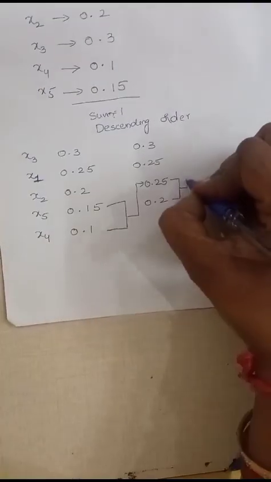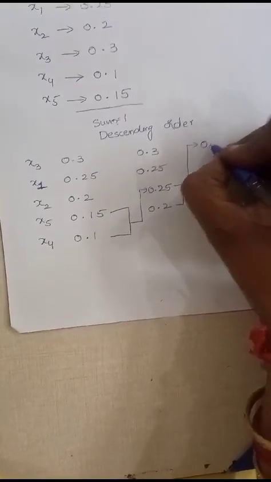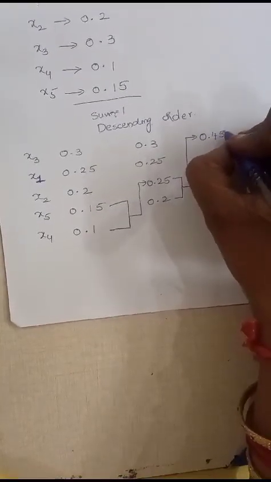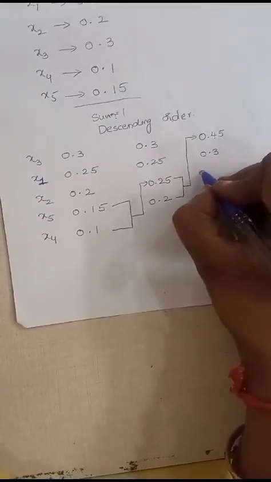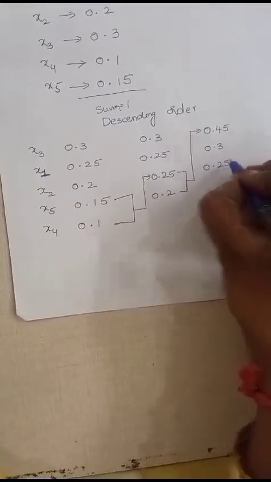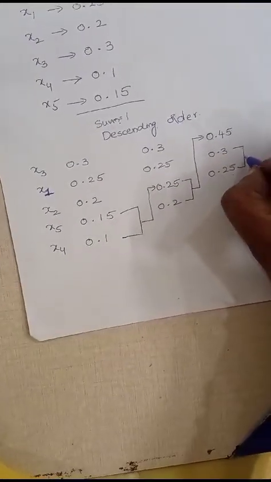So we have to write this probability at the topmost, and we say that it is 0.45, next 0.3 and then 0.25. Now adding the least two probabilities 0.25 and 0.3, their sum is 0.55, and taking 0.45 here.